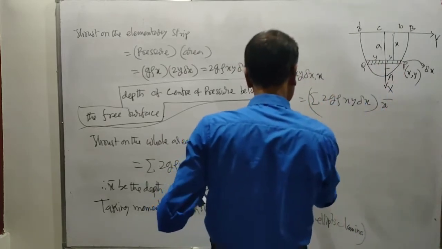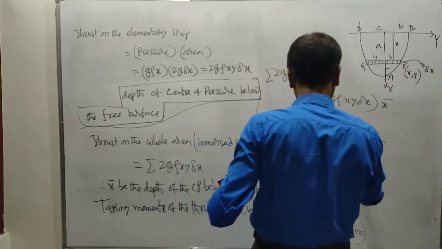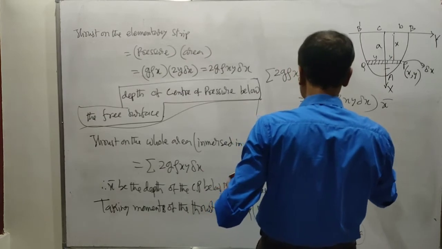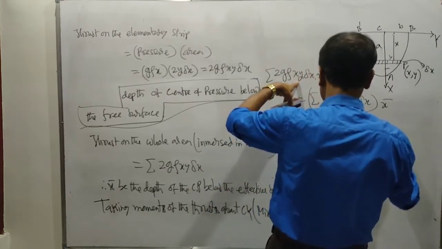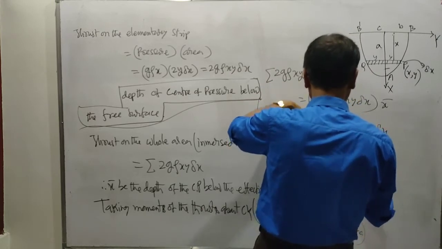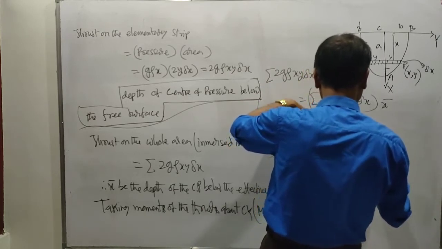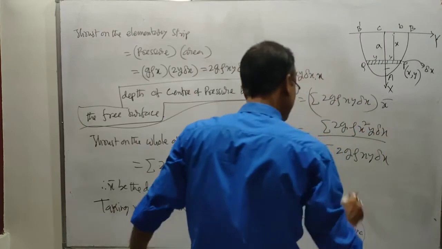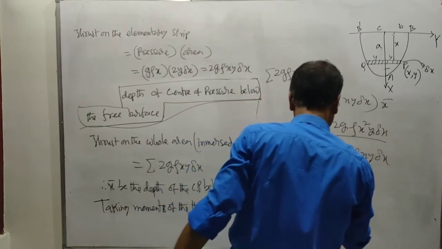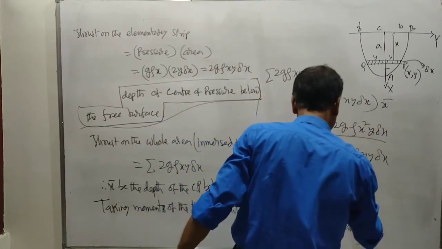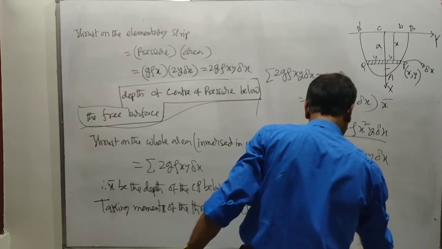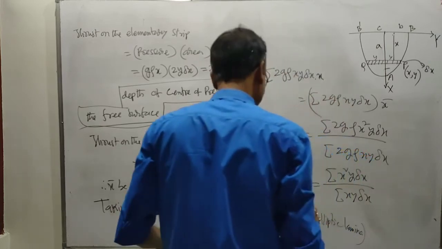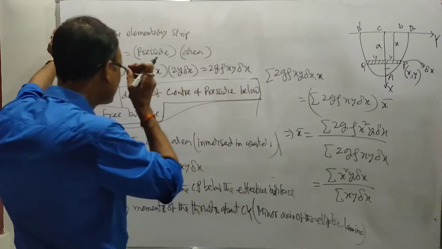This means x bar equal to summation twice 0 x square y delta x over twice 0 xy delta x. Twice 0 will be cancelled. This means summation x square y delta x over summation xy delta x.